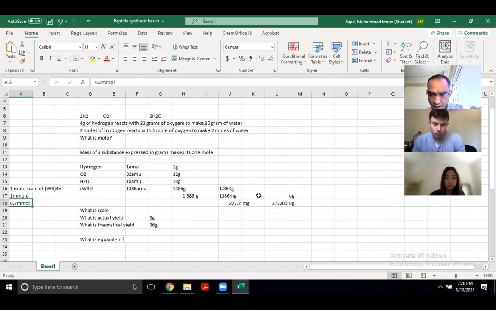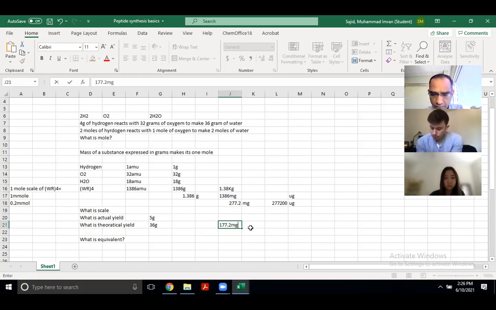So that is theoretical yield. If I ask you to make 0.2 millimole, theoretically you will get 277.2 milligram. This is the theoretical yield. But in effect, you get, let's say, just 50 milligram. So you can easily calculate the efficiency.